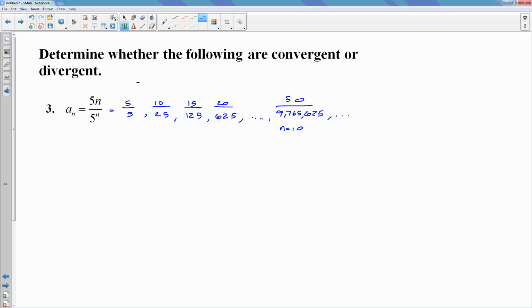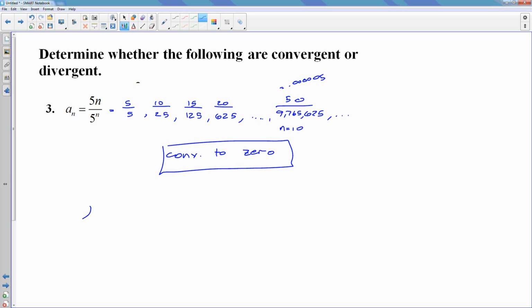And if I were to punch that in the calculator, 50 divided by that 9 million number, you will get 0.000005. That's pretty darn close to 0. So this one we will say converges to 0, because my terms, my decimals, are getting so close to 0 that that's what this is going to converge to. All right, so this one does converge to 0.